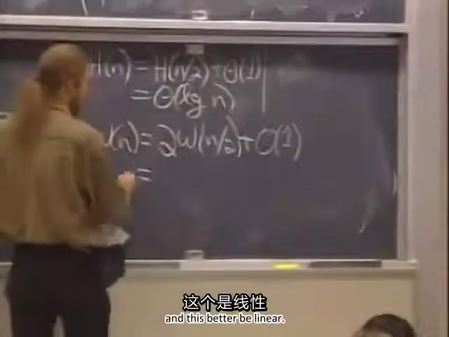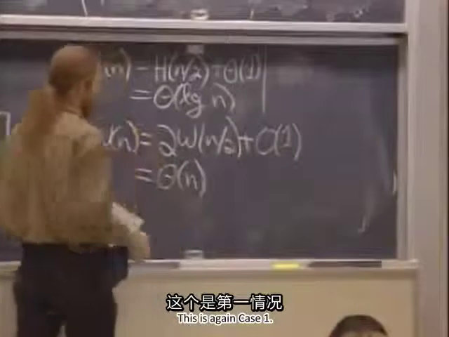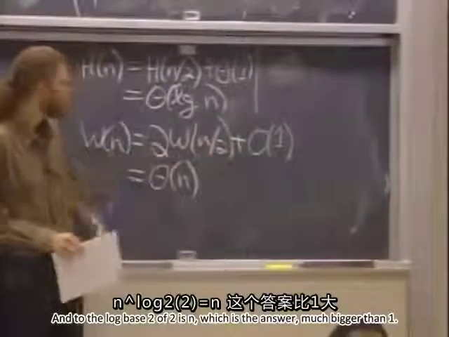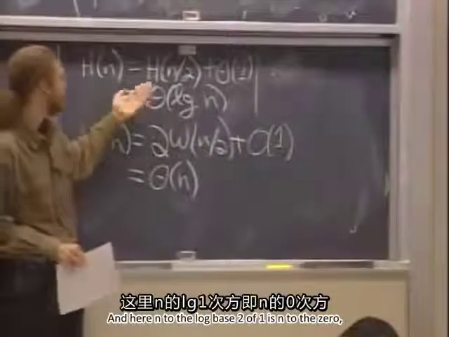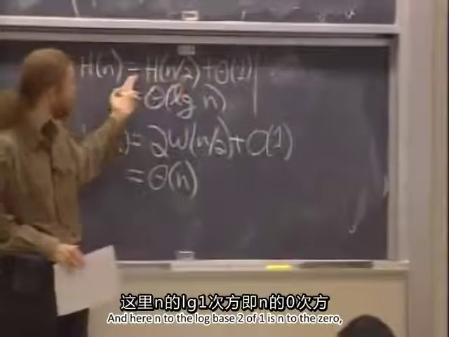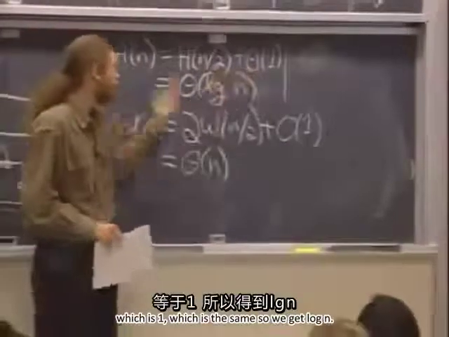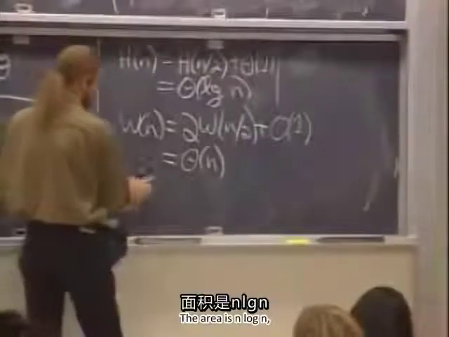And this better be linear. This is, again, case 1. N to the log base 2 of 2 is n, which is the answer, much bigger than 1. And here, n to the log base 2 of 1 is n to the 0, which is 1, which is the same, so we get log n. Okay. So the area is n log n.